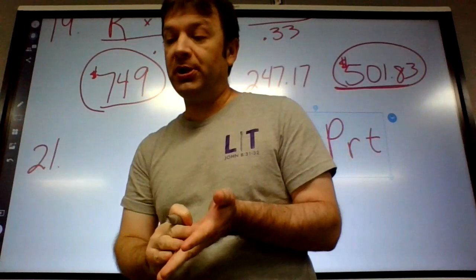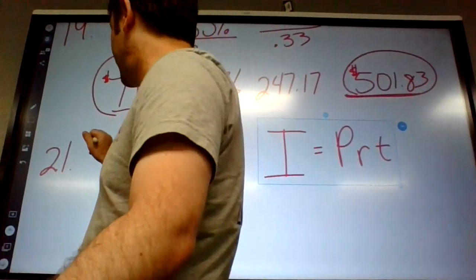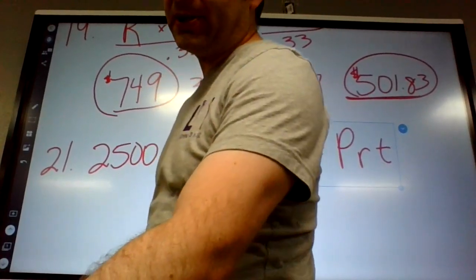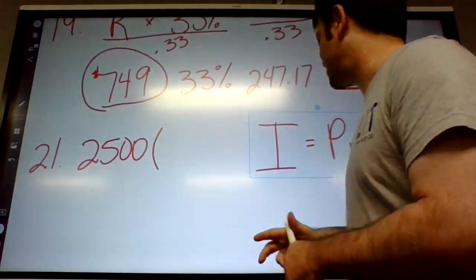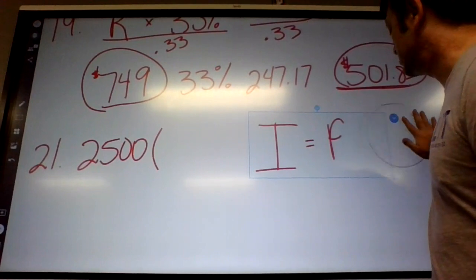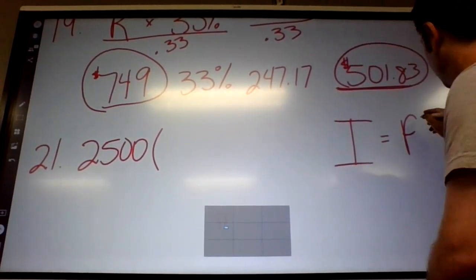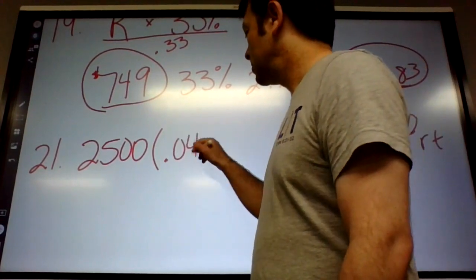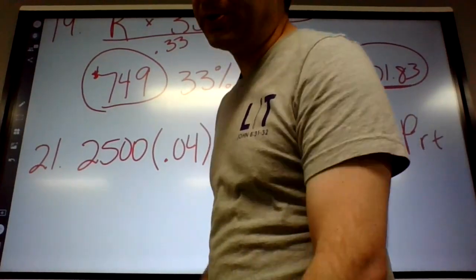So on 21, the principal is $2,500. The interest rate is 4%. What's 4% as a decimal? 0.04. Let's just put that over here. And the time is 3 years.